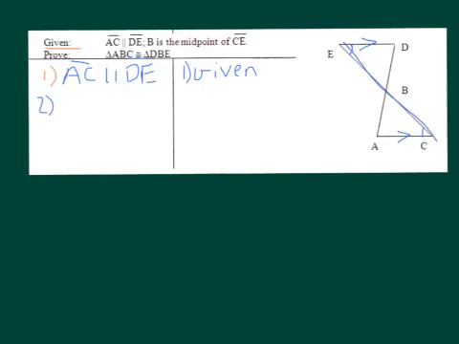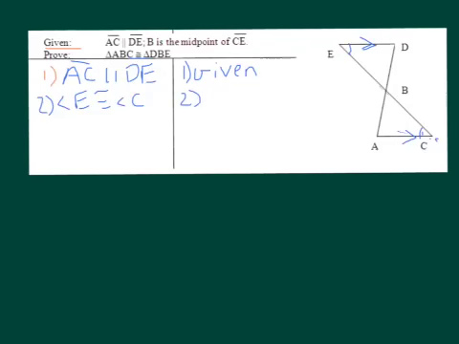And they're congruent because these two segments are parallel to each other. Okay, I'm going to go ahead and erase the marks I just marked down here. There we go.